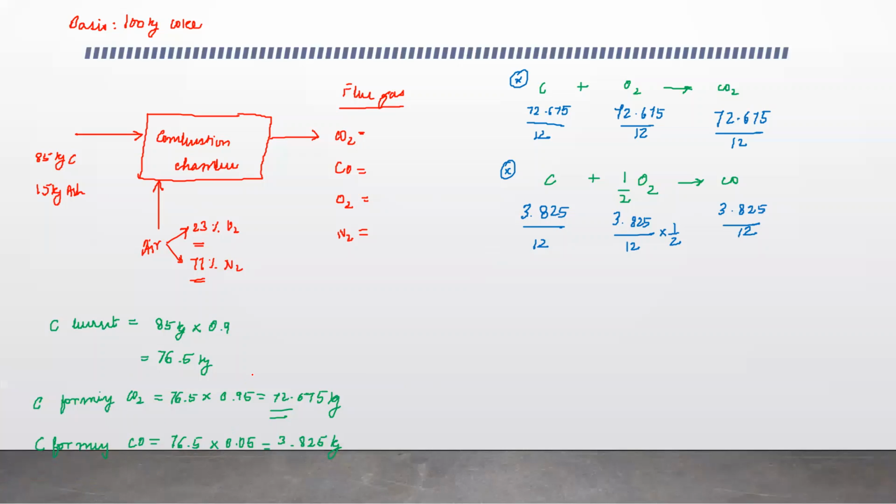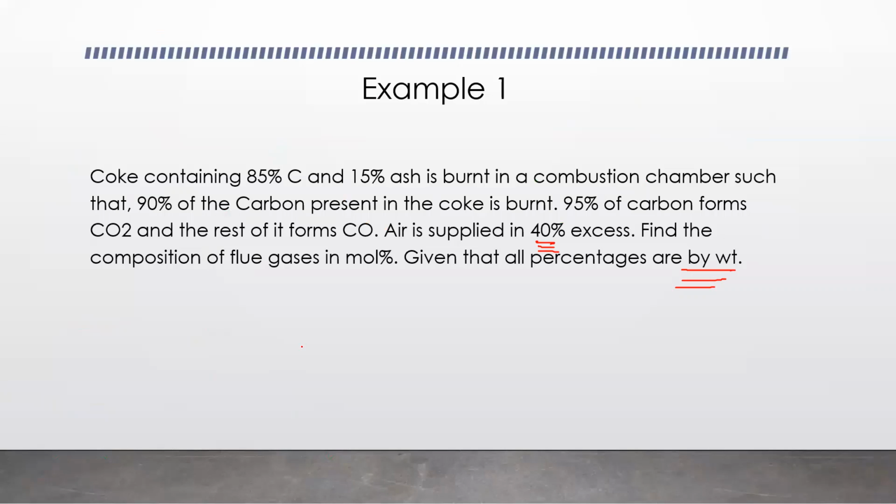So again, in the question, they are saying that 95% of carbon forms CO2 and the rest of it forms CO. So that we have taken into account. Now, air is supplied in 40% excess. Remember, whenever we need to calculate percentage excess, the formula is B supplied minus B theoretical upon B theoretical.